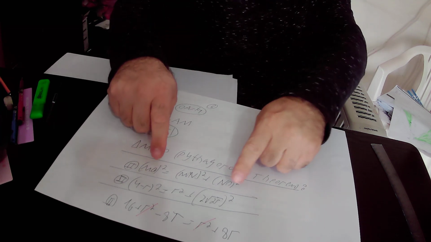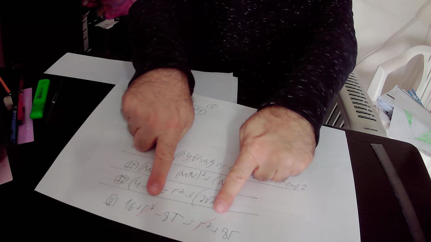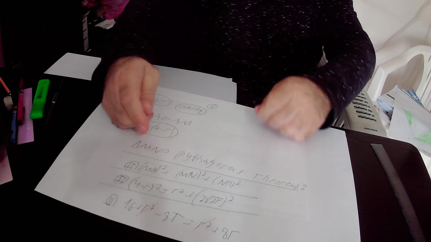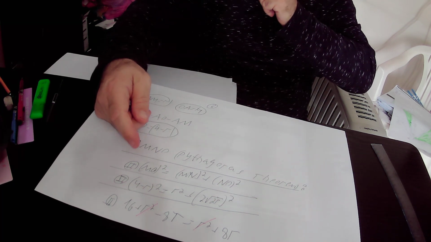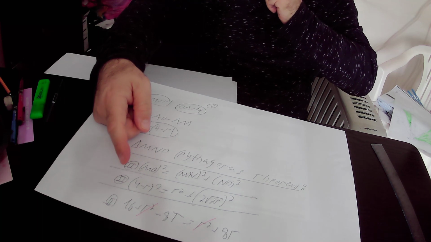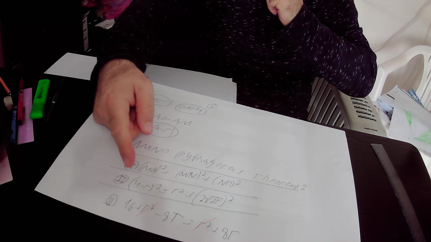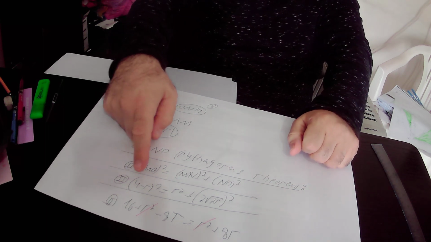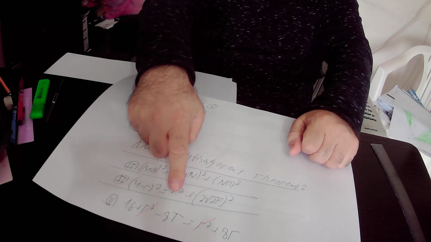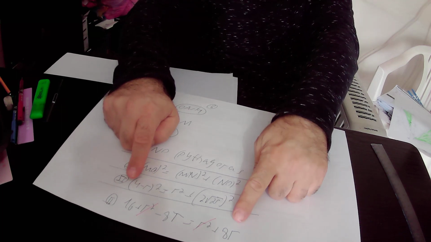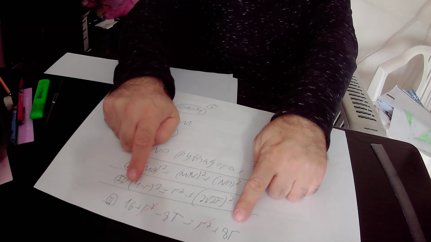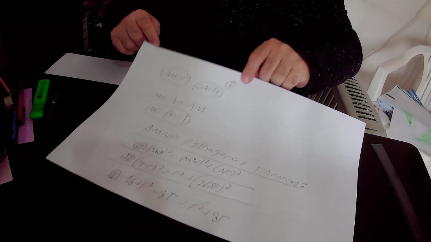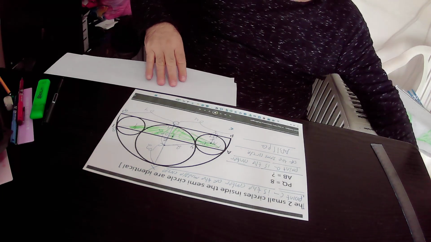Here we have R square on both sides of equation number 2, so R square will get cancelled. After we cancelled R square, we added 8R to this equation. 16 minus 8R plus 8R is 16. 8R plus 8R is 16R. So in total we got that 16 equals 16R.